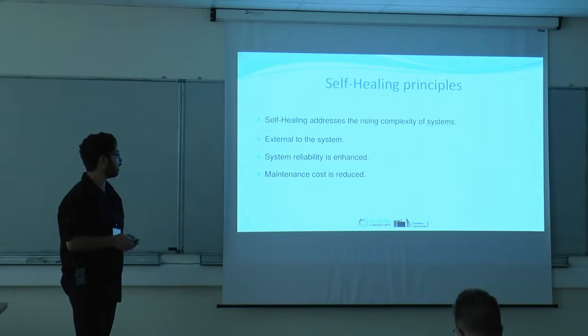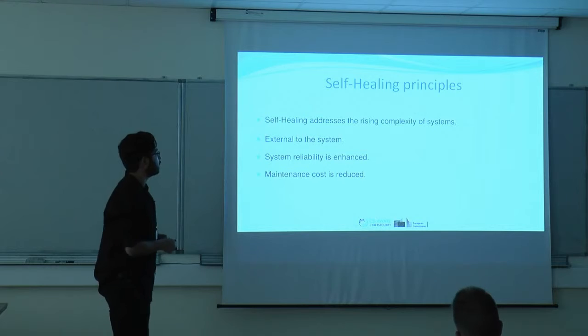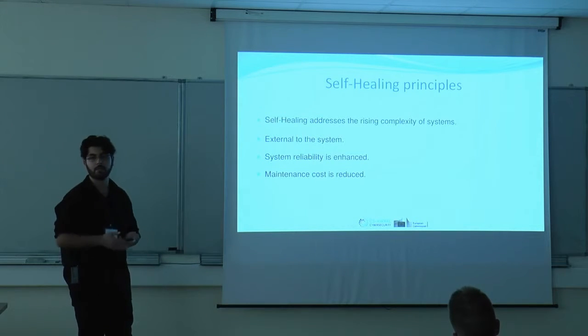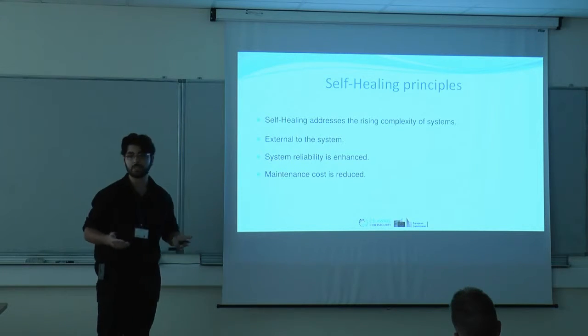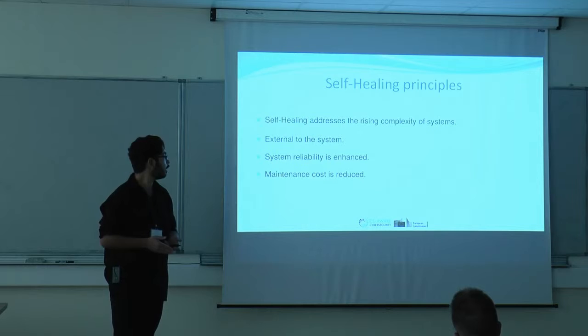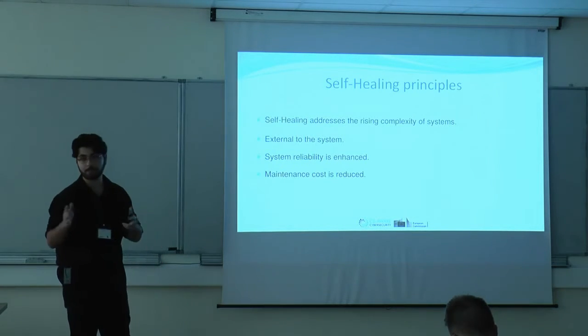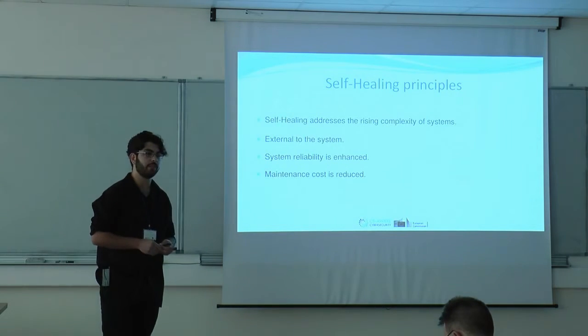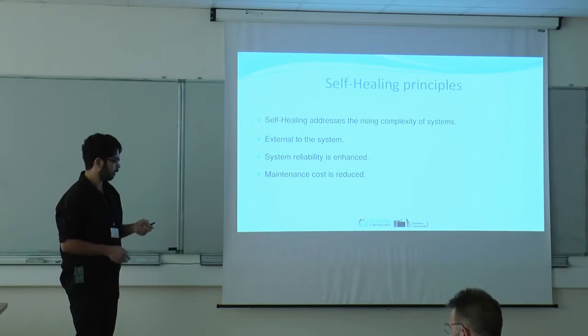System reliability is enhanced, and maintenance cost is, of course, reduced, because we don't have to deal with all this workload, with all this complexity. The system is able to mitigate threats itself, and the best is prevention. When self-healing is intelligent, it can also prevent threats.